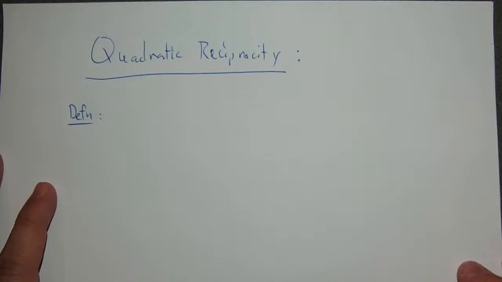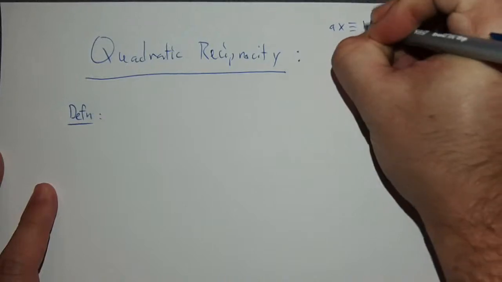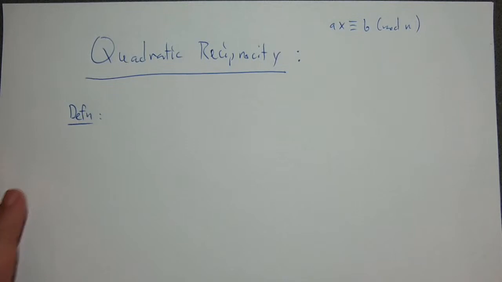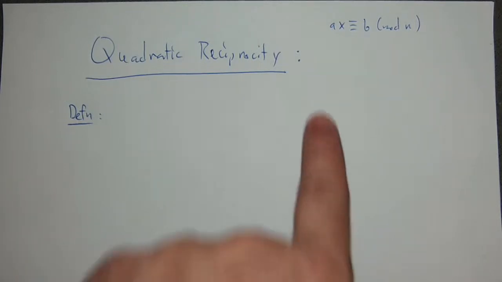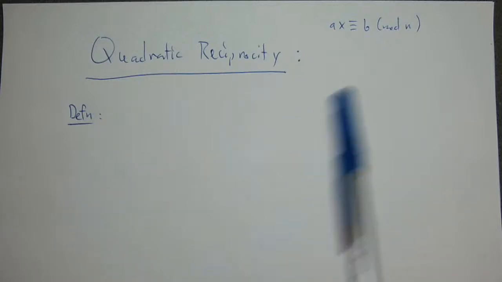Up till now we've dealt with linear congruences, like this, and certain systems of linear congruences like this. That is basically the extent of the sorts of congruences that we can solve.